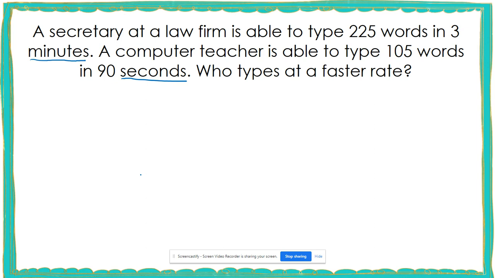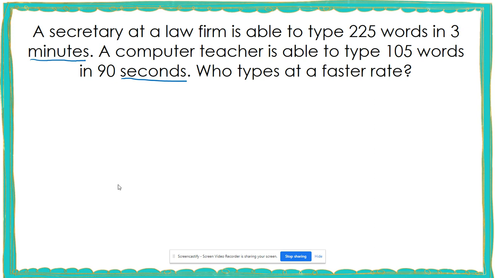In order for me to be able to accurately compare these, I need to use the same method of measurement. So I can either change minutes to seconds or seconds to minutes, but both people need to be using the same measures.